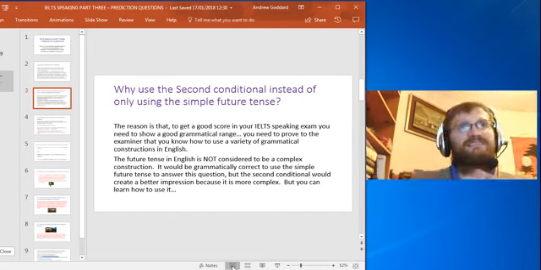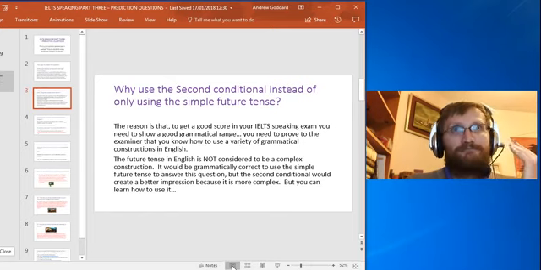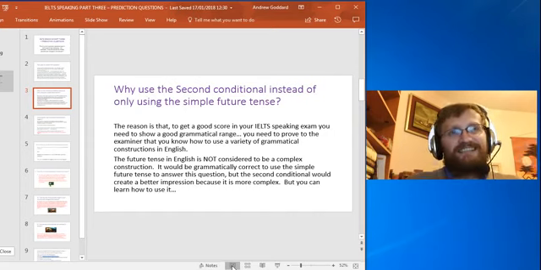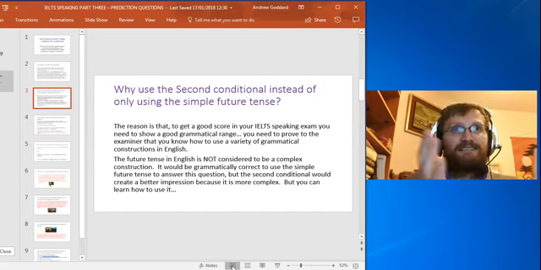construction. So, to get a good score in your IELTS speaking exam, you need to show a good grammatical range. You need to prove to the examiner that you know how to use a variety of grammatical constructions in English. The future tense in English is not considered to be a complex construction.